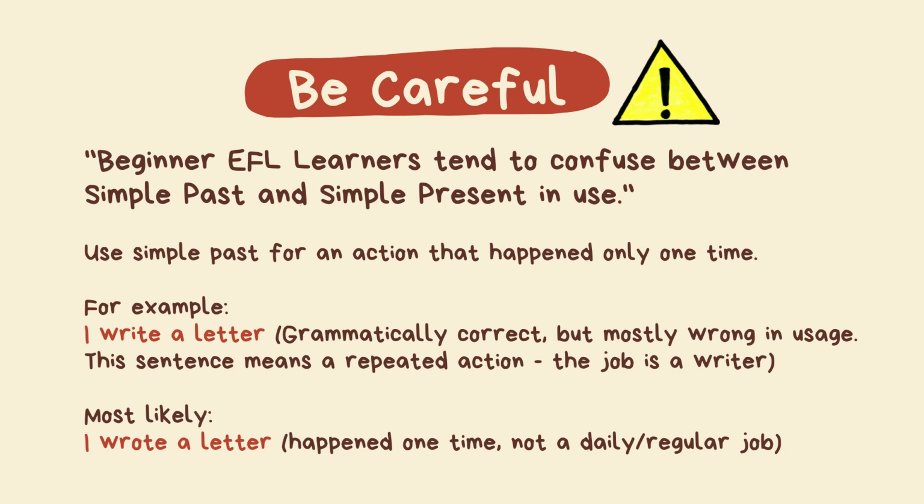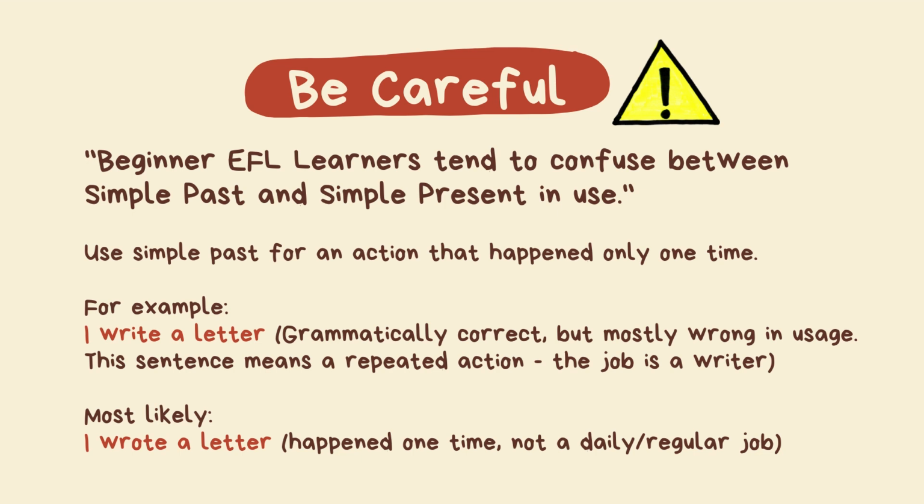Now, say the job is a writer. Okay, when it comes to use, when you use it in a paragraph, when you use it for communication, you need to pay attention to the forms, right? Whether it is using present or maybe simple past.